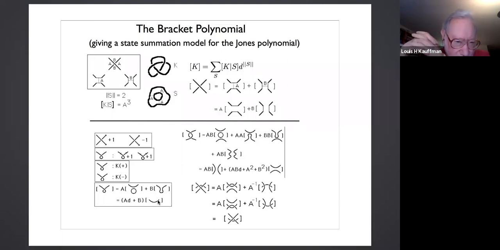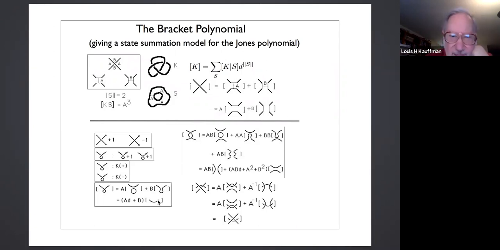And AD plus B in this case will turn out to be minus A cubed if you use the specialization that I chose. So it multiplies by minus A cubed in one direction and by minus A to the minus 3 in the other direction. You can then normalize it by multiplying by a power of that to get something that's invariant under all three Reidemeister moves.